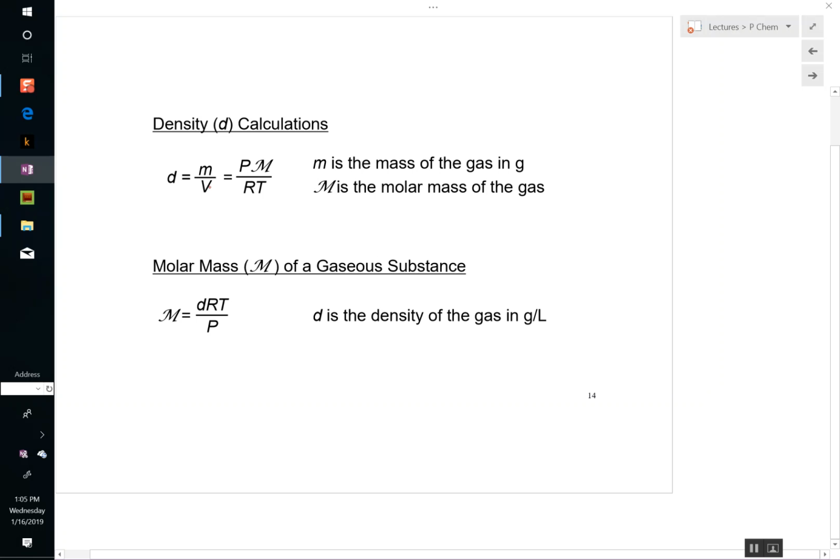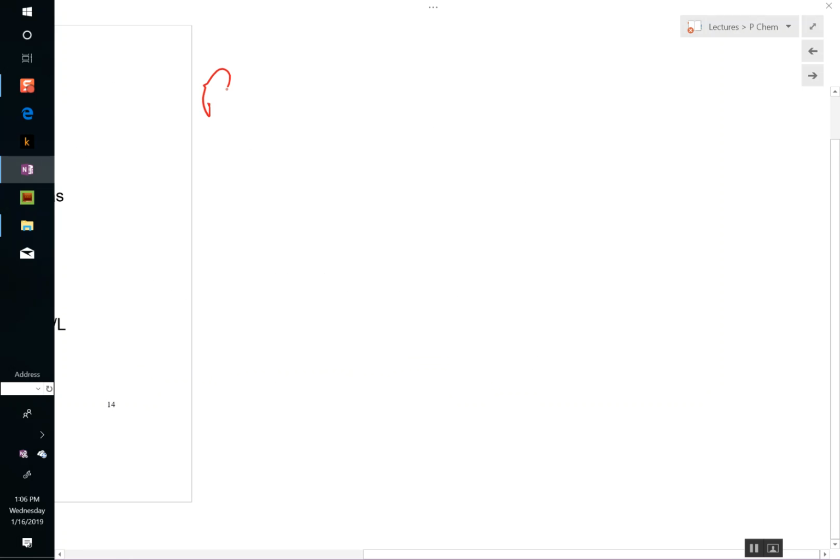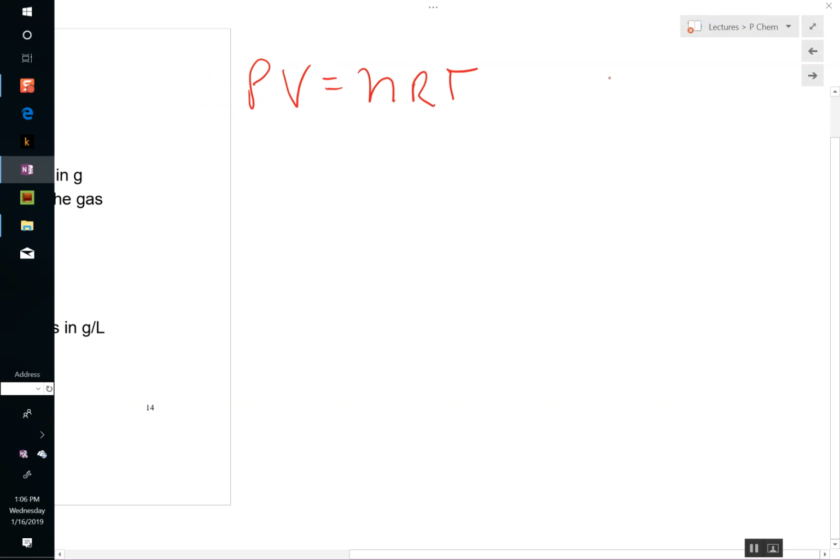Let's see how we got to this. Let's see if we can derive that a little bit. So let's say we have these two: PV equals nRT, and density equals mass over volume.